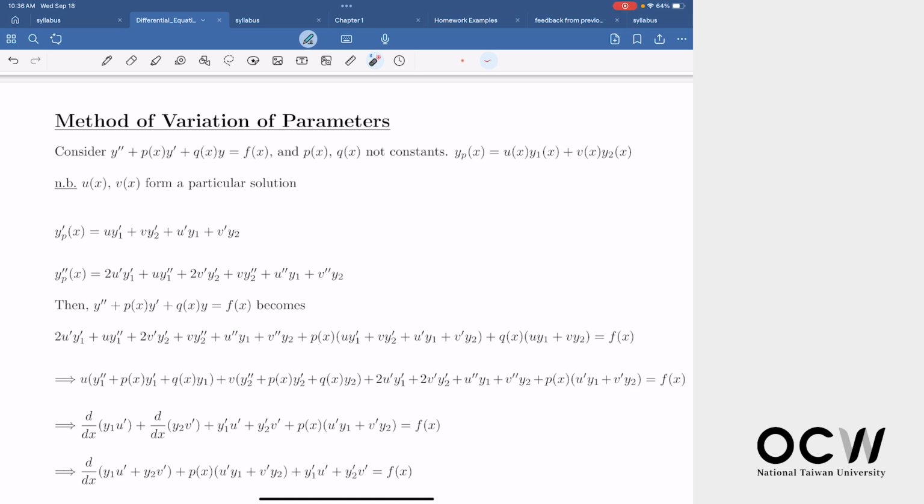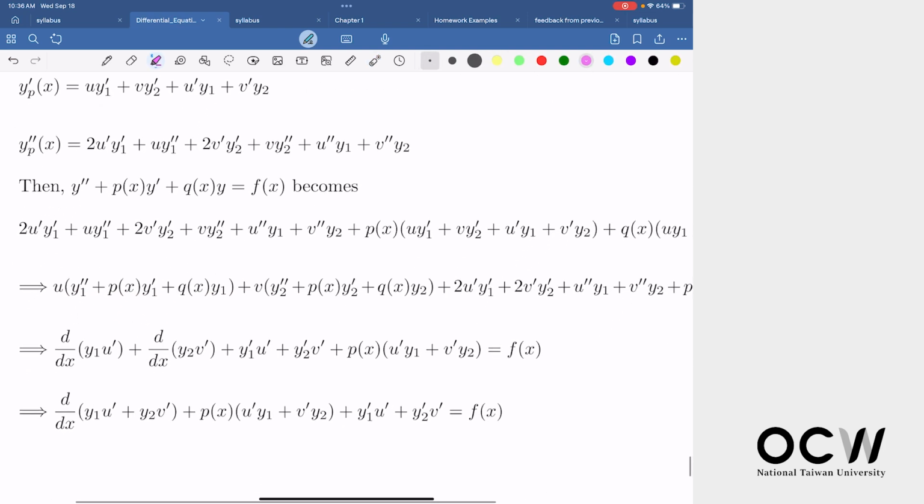When you rearrange that, you put everything related to u together, everything related to v together, and you can see that y1 and y2 are already solutions of the homogeneous differential equation. So here, this should be 0. And this term also should be 0.